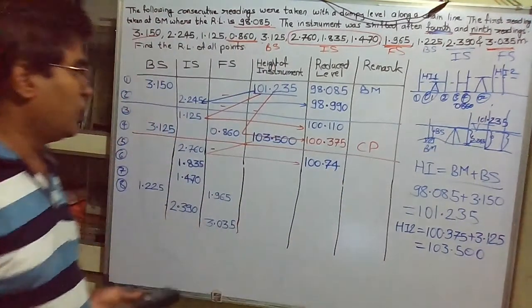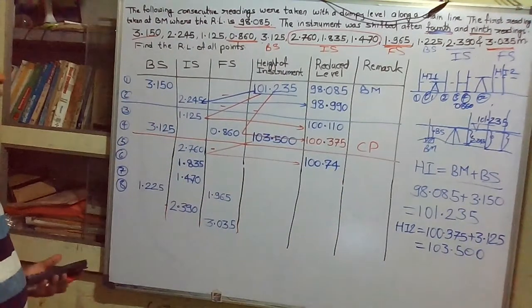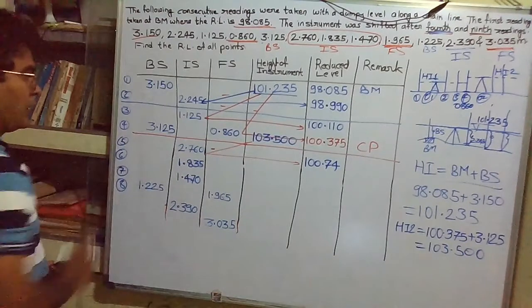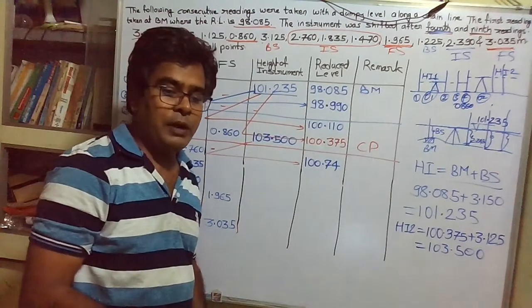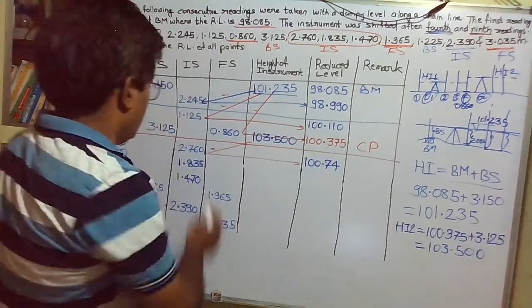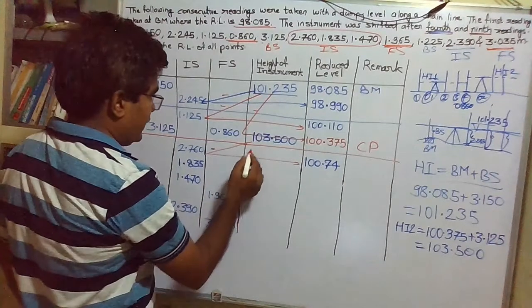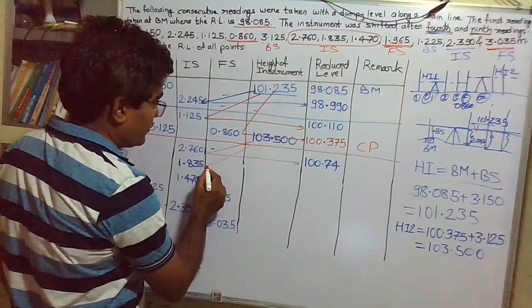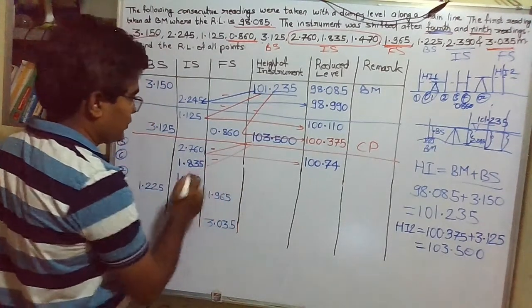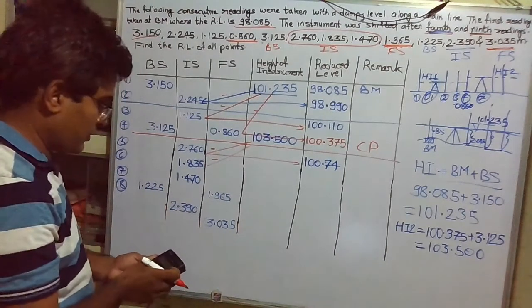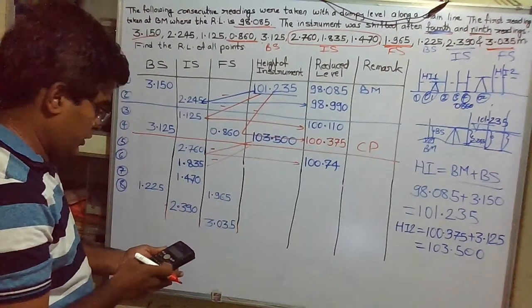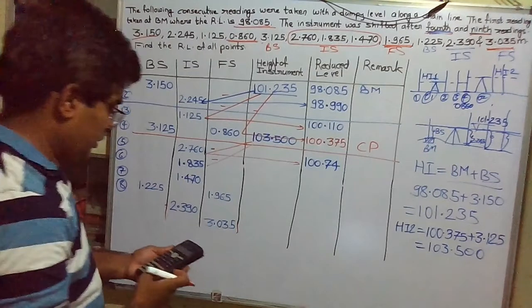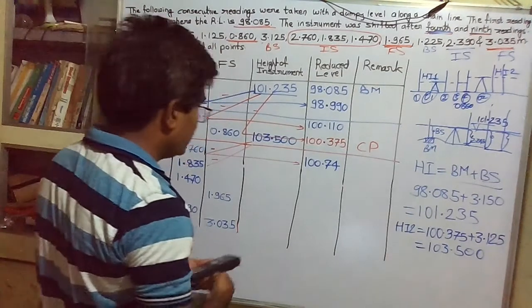This is our RL for point 5. Similarly, we can find out the RL of the next point, like 103.500 minus 1.835. It comes to be 101.665.